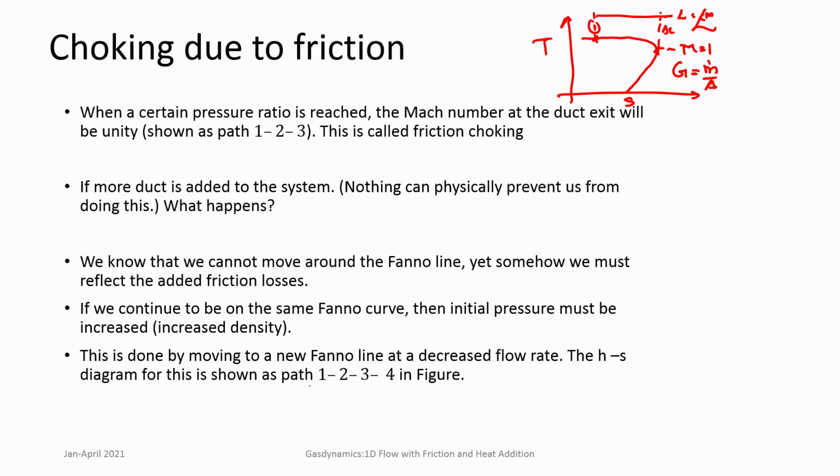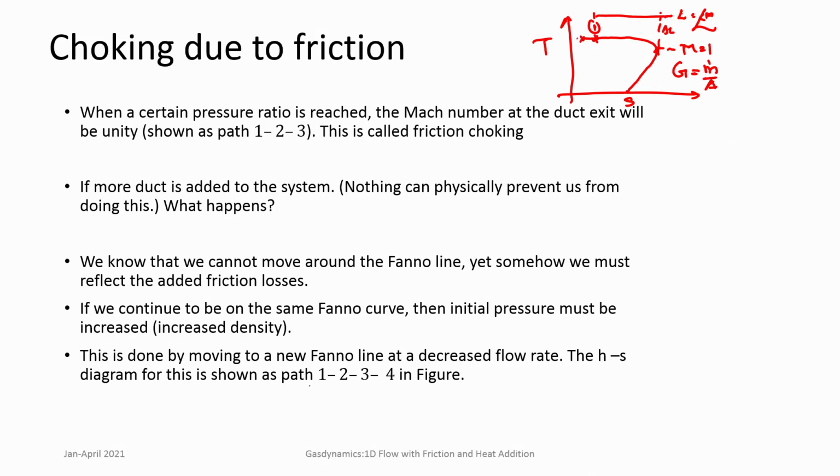So, you cannot change this particular fact. So, how can this be changed? Then it changes if you are at L star and you want to change the length of the duct, you can do it in one case by changing the initial conditions.